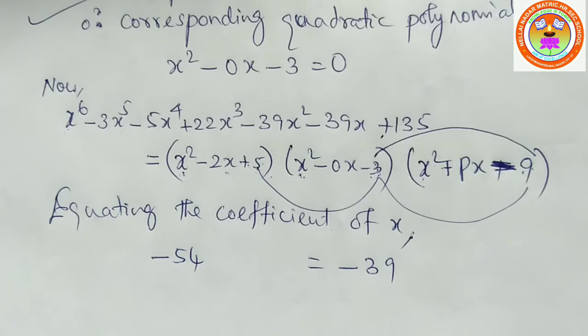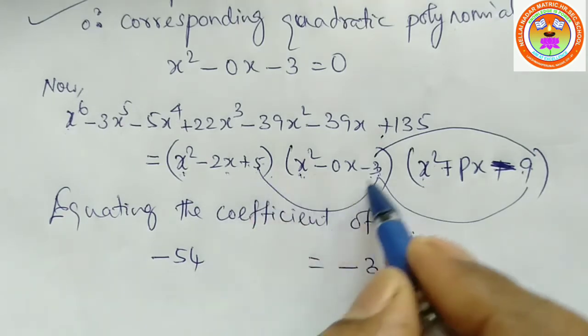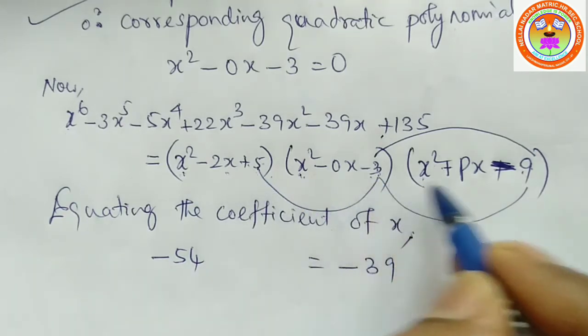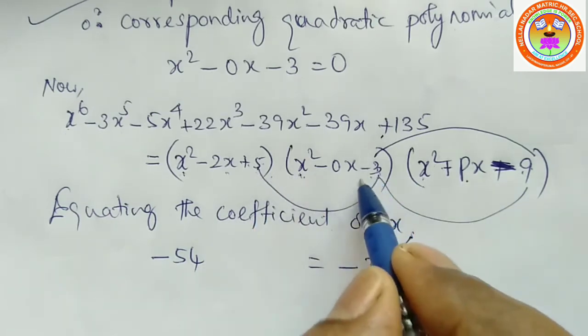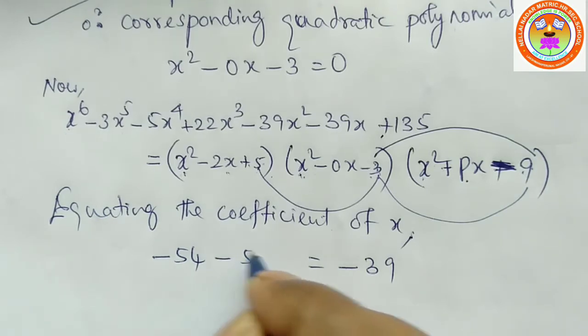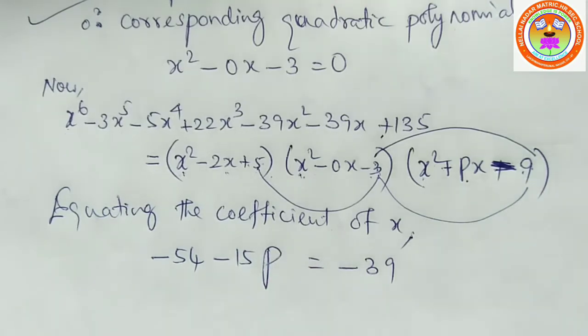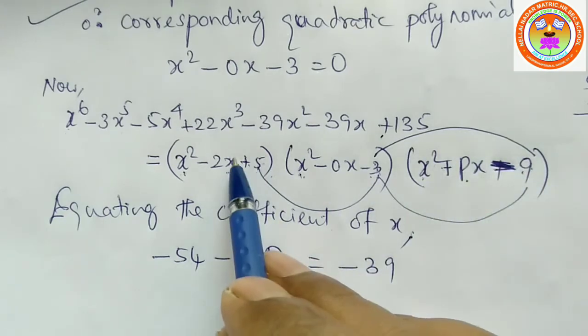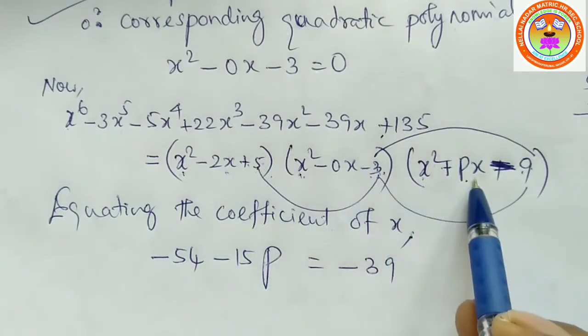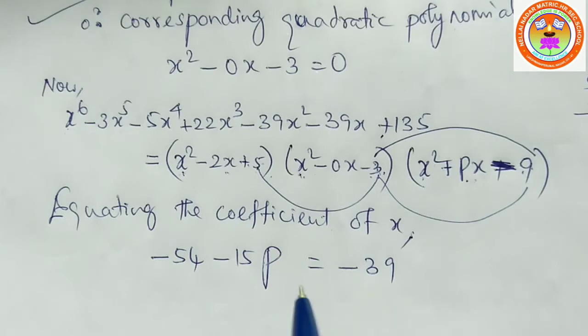Next, if we multiply these two constants and this x term, so 5 3s are 15, minus 15 into p, that is minus 15p. Is it clear now? So we are finding only the coefficient of x. So for finding the coefficient of x, we are multiplying the constant term with the x, this constant term with this x. Here no x term. Is it clear?